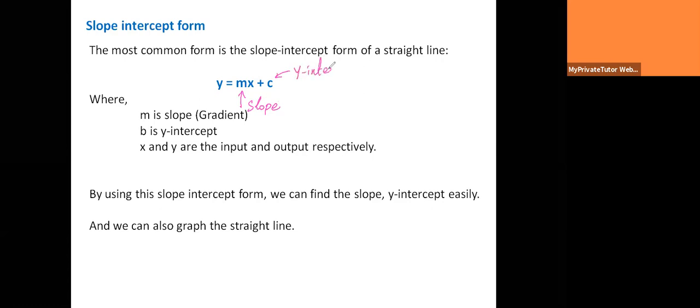You might have a question, what is the y-intercept? I hope most of the students know, but if not, I will explain anyway. This is the slope-intercept form because it contains both slope and y-intercept, and x and y are input and output respectively.